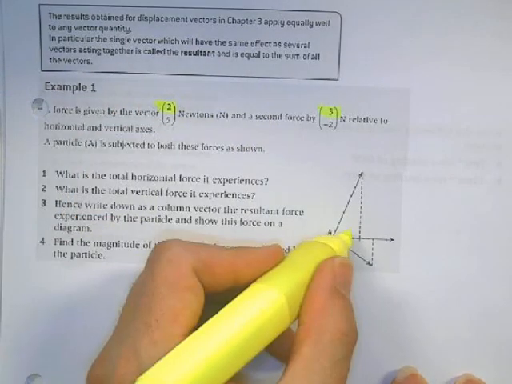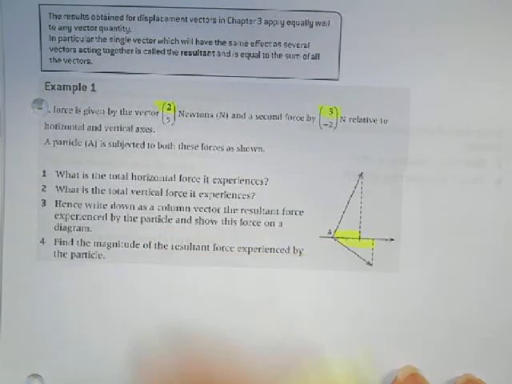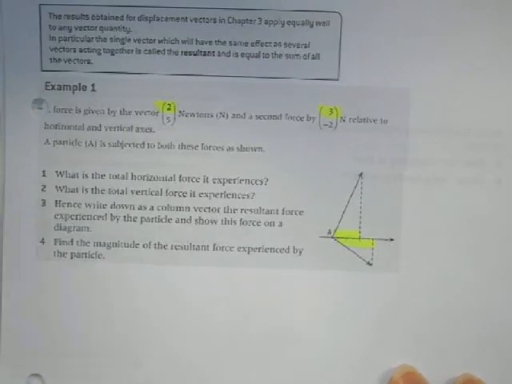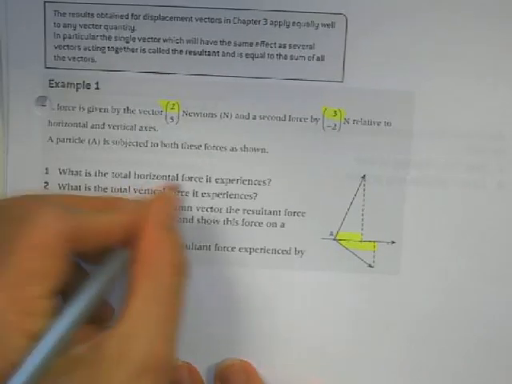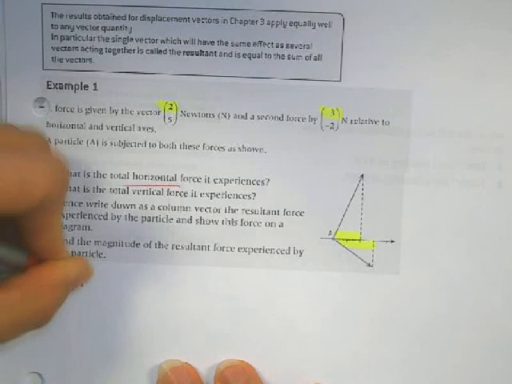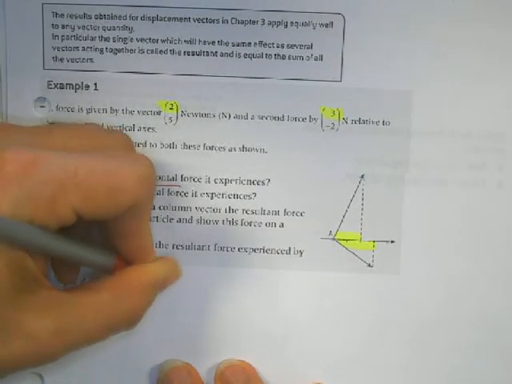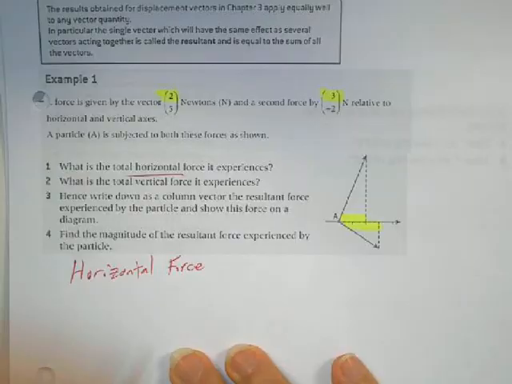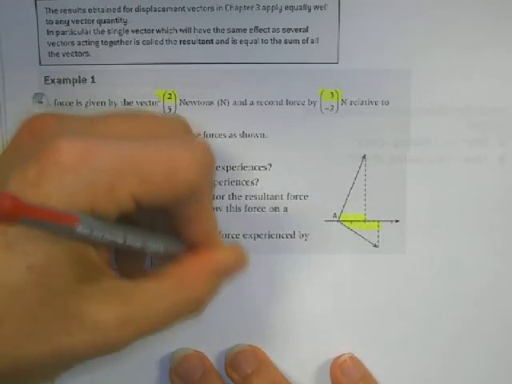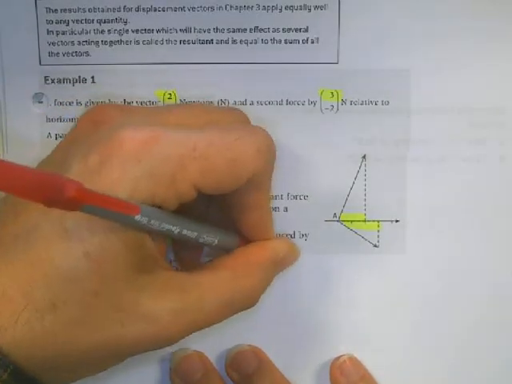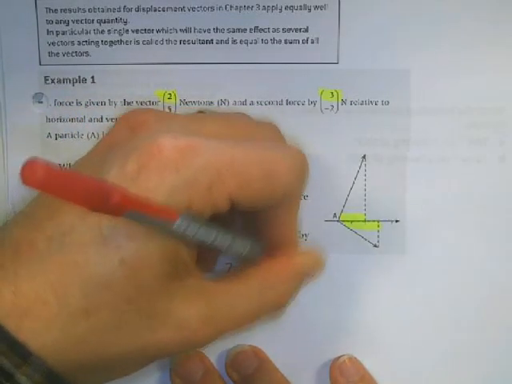So this x part and this x part added together is equal to 2 plus 3, which gives me 5 newtons.